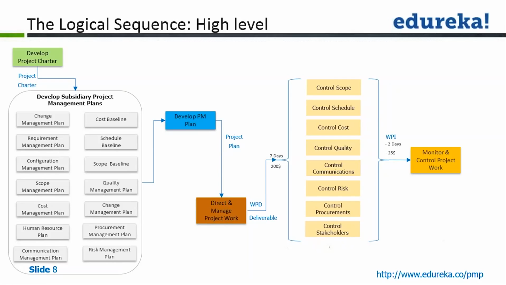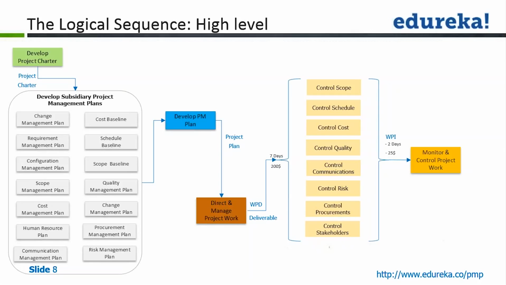We do not know yet what impact this deviation will have on the overall project. That is why we will take this work performance information to monitor and control project work, where we will look into the overall perspective of it.